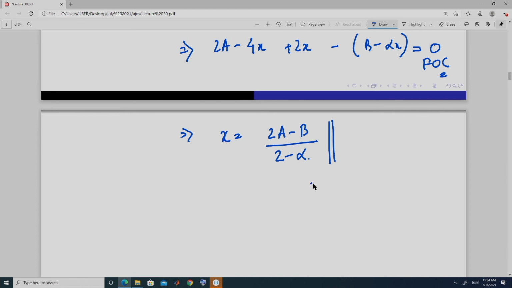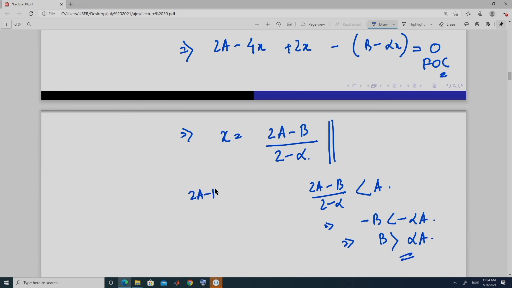Now, if you look at this, this point is actually less than A. So, this means B should be greater than alpha, and this should be positive. Both can be negative, but for simplicity assume both are positive. So, this ensures that we get this.